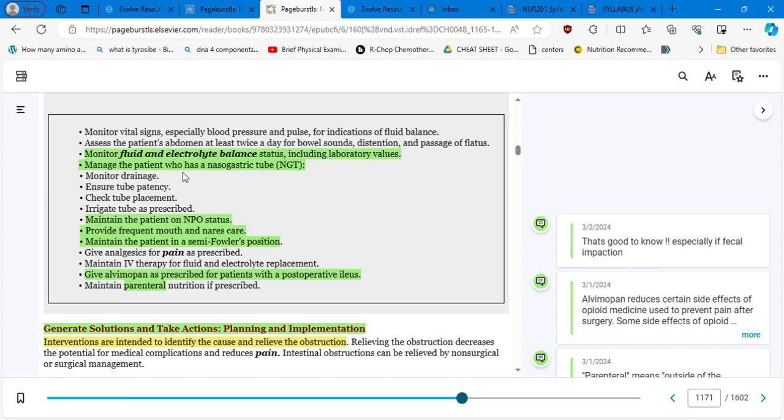Manage the patient who has a nasogastric tube. You must know how to assess your nasogastric tube. It is extremely important. Okay, monitor drainage to ensure tube patency.